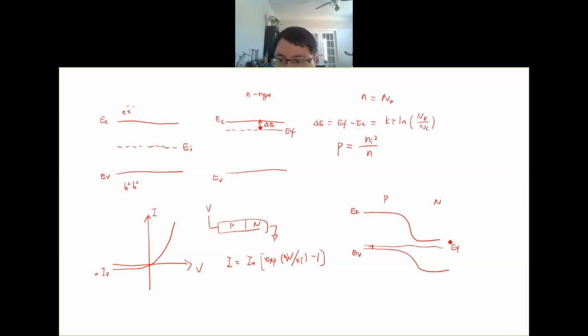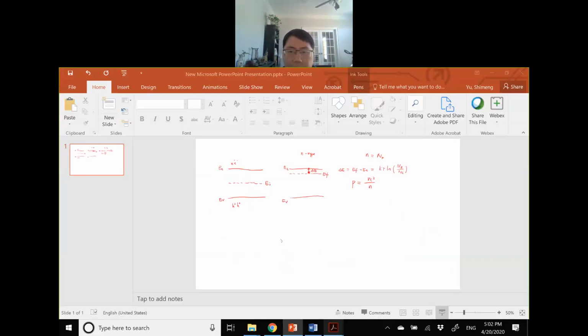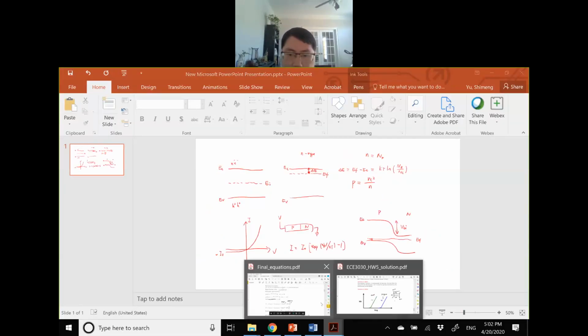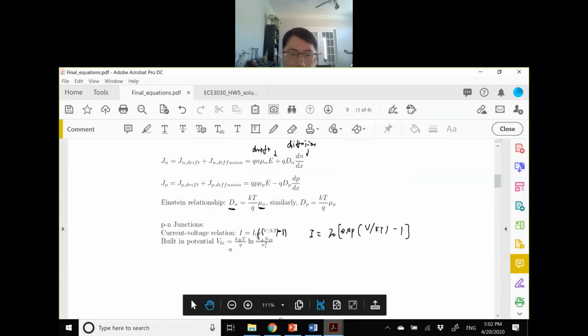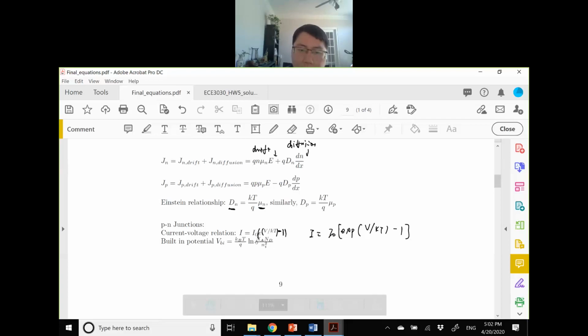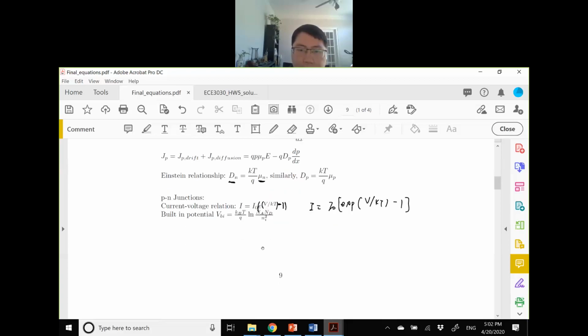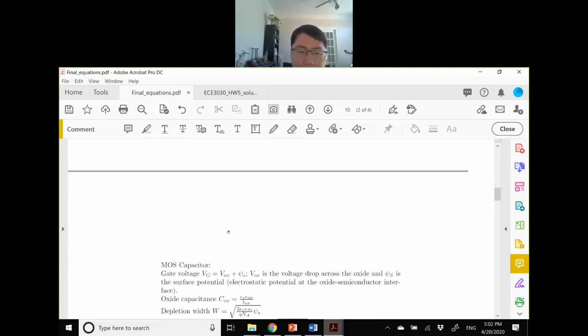And on the N side, the EF is closer to the EC. So here we have a built-in barrier, V_bi. The barrier height is given by this equation, which depends on the thermal voltage and the doping N_A N_D over n_i squared, the intrinsic carrier density. So this is the p-n junction.